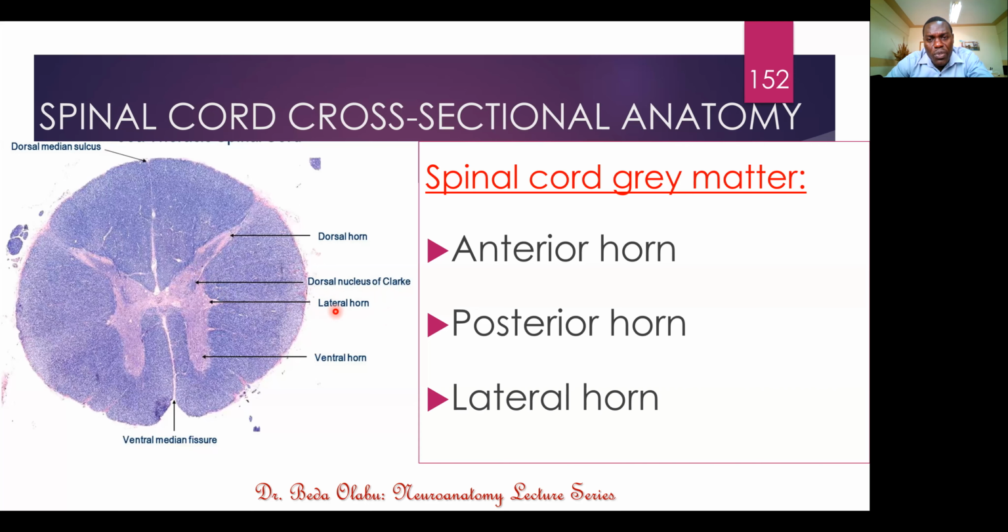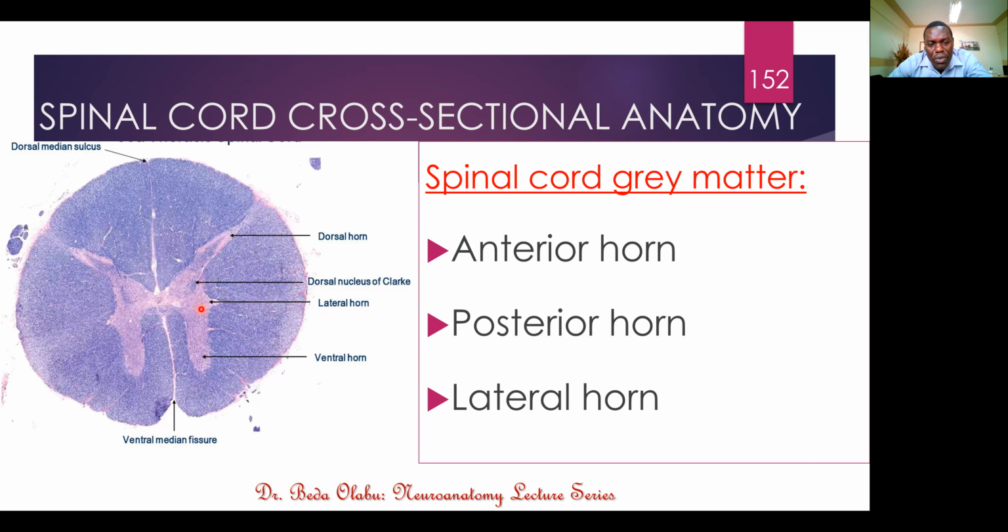So remember, for autonomic nervous system, we have preganglionic and postganglionic neurons. So the preganglionic neurons are the ones that rise from the central nervous system, either brainstem or spinal cord.